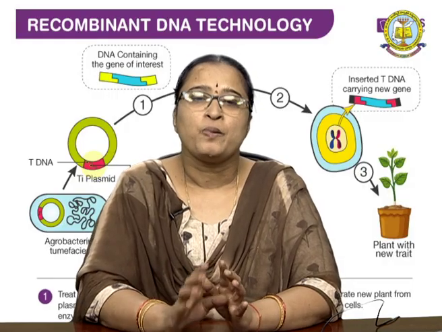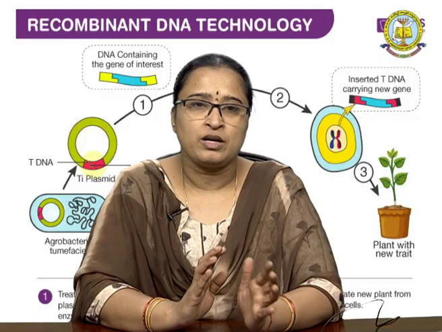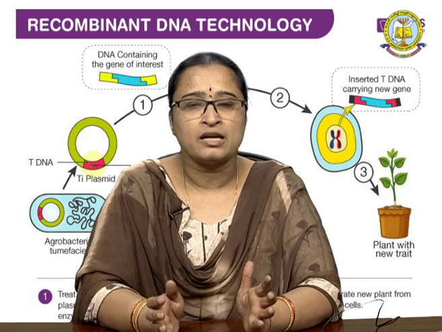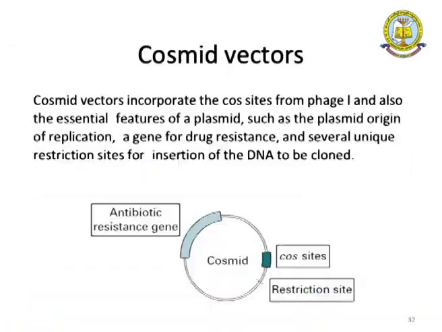Coming to the cosmid, there are different vectors. Once the plasmid is completed, another vector is called the cosmid. Cosmid vectors incorporate cos sites from the phage DNA or phage lambda, and also the essential features of a plasmid, such as a plasmid origin of replication, a drug resistance gene, and several unique restriction sites for insertion of the DNA to be cloned.